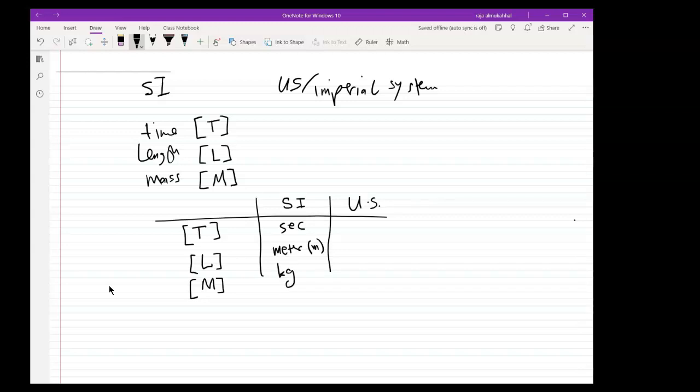In the US customary system, the time is also a second, but the basic unit of length is the foot or feet. Okay? It's not inches, it's the foot. And the basic unit of mass is called the slug. Don't confuse it with the pound. The pound is different from the slug. More on that later.